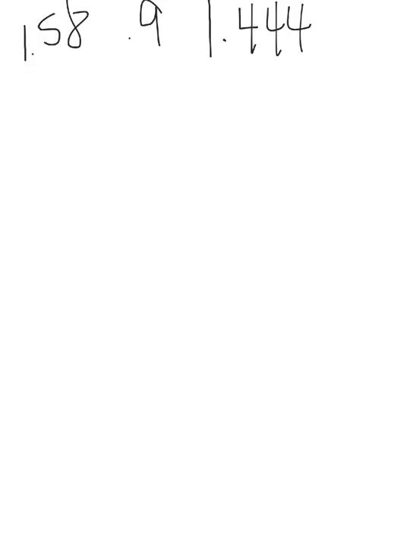The question might say, order these from least to greatest, or order these from greatest to least. So you have to pay very, very close attention to which one it's asking. We're going to say that this one is asking for least to greatest. So we want our smallest one first and our biggest one last.